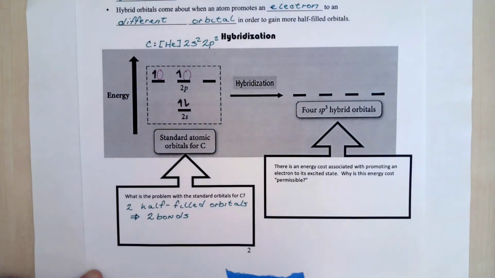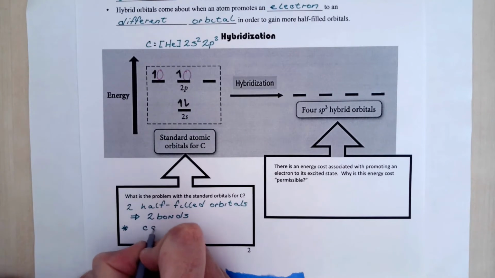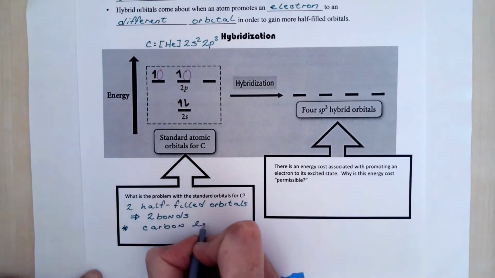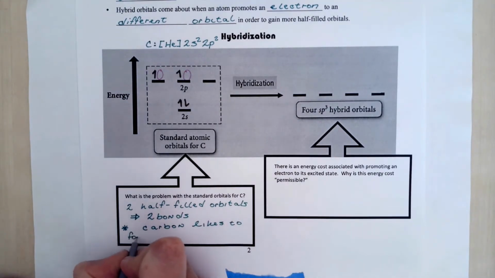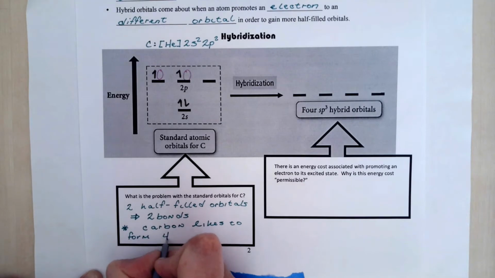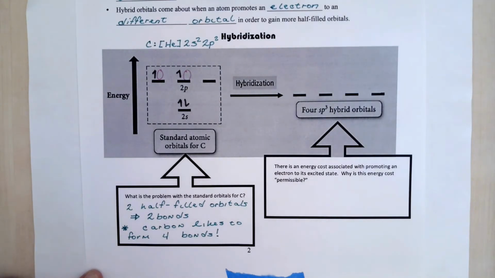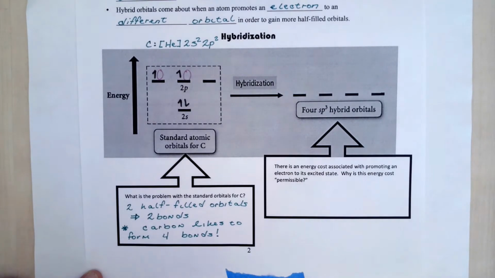That's a problem because we know from experience carbon likes to form 4 bonds. It has 4 electrons and needs 4 more. So just placing electrons in these 2 spaces wouldn't be sufficient. It wouldn't get carbon up to its octet.